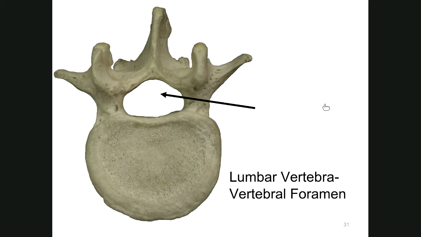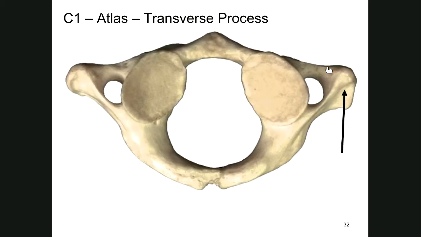Okay, now we're going to go back up into the cervical area, and you can see this structure here. Again, we know what a process is. It's a projection of bone, and this is called the transverse process because it's going off to the side. So here's our transverse process on C1.